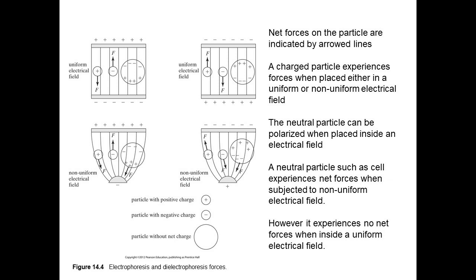Slide number 25 shows the reaction of a particle towards the electrical field. We can see from the diagram, there are four figures. There's a positive particle and also negative particles, and there's one neutral particle, which a cell is. From there we can see that the positive particle will move to the negative charge wall, and the negative particle will move to the positive side. However, the neutral particle experiences no net forces.